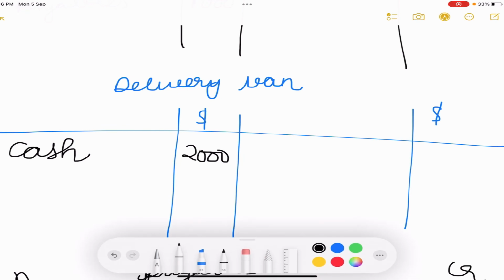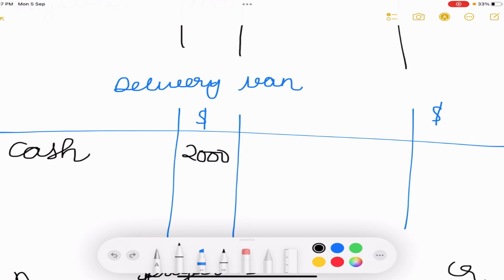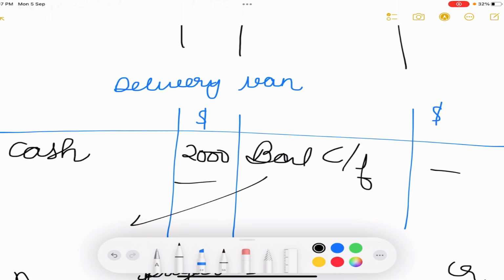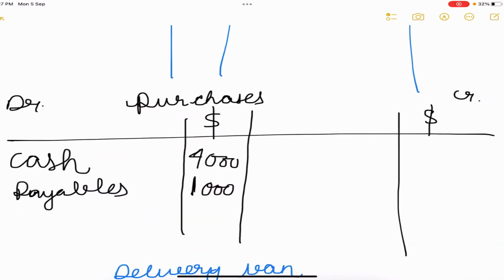Moving on, delivery van. So what do you think the delivery van will have? Delivery van is also an asset, fixed asset. So this also has nothing to do with the operating business because it is fixed asset, right? So it's gonna have a balance carried forward here. So you're gonna balance it, and then you bring it down here. You can do it by yourself. And then we have purchases. Purchases also has what?